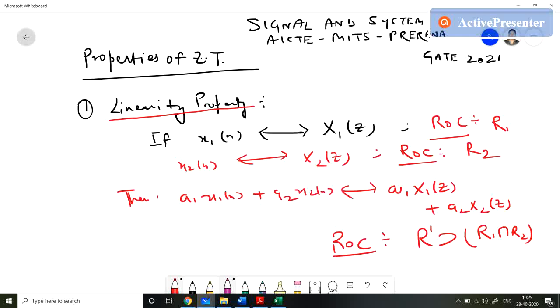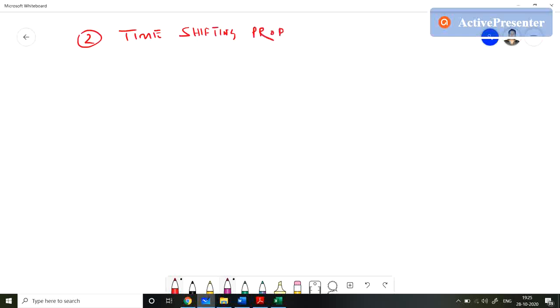The second property is called the time shifting property.